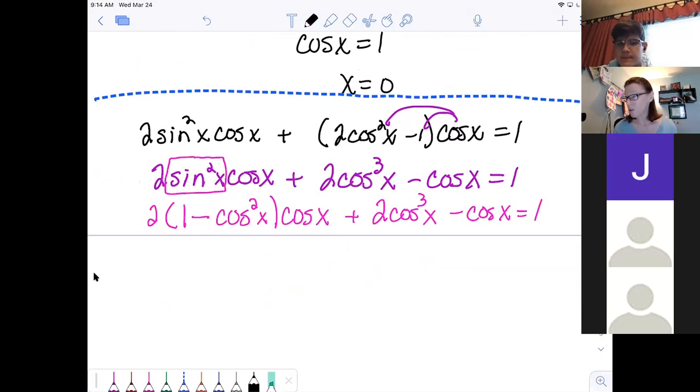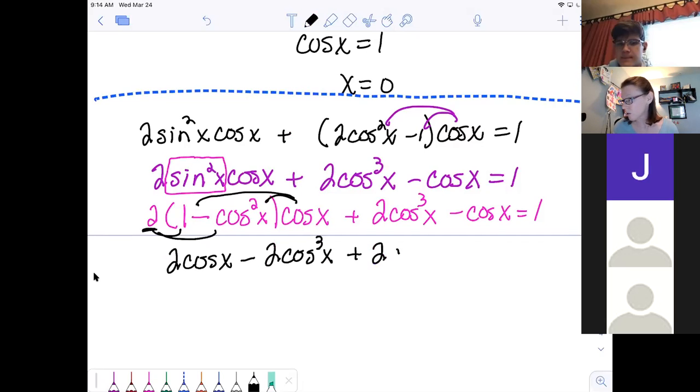And then if we distribute, I'm multiplying 2 cosine through the parentheses. So we end up with 2 cosine minus 2 cosine cubed, and then plus 2 cosine cubed, and then minus cosine.